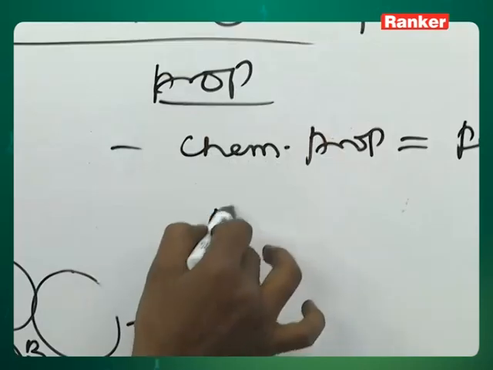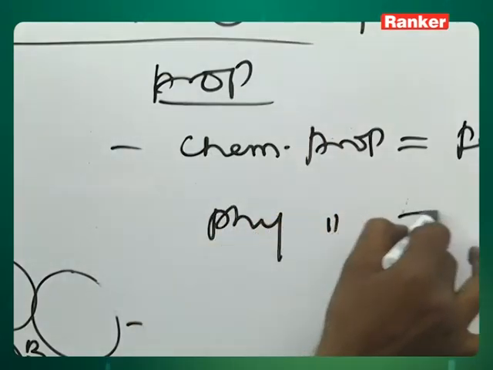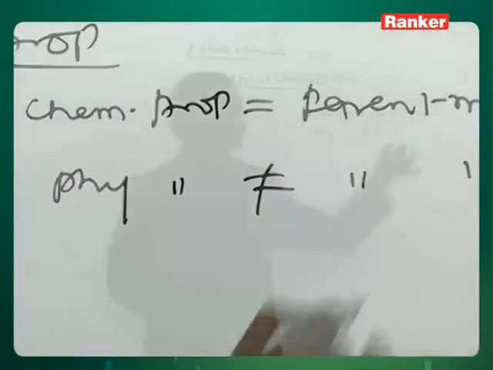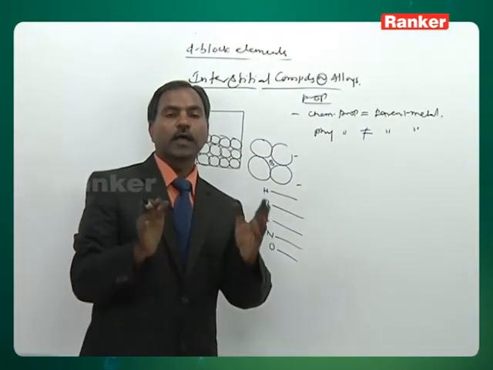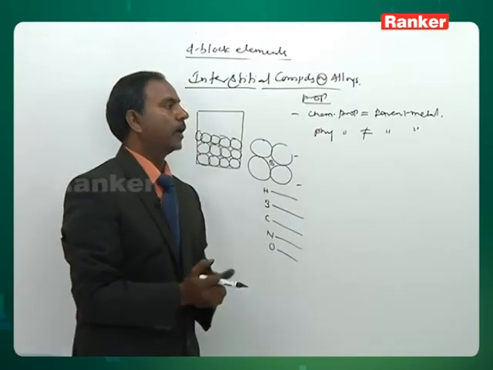Next, physical properties: they differ from the parent metal. Physically they are different, but chemical properties are more or less identical to the parent metal.